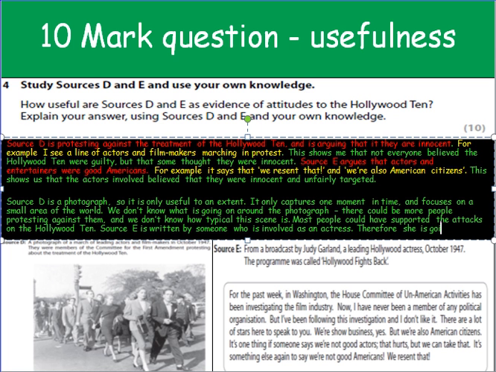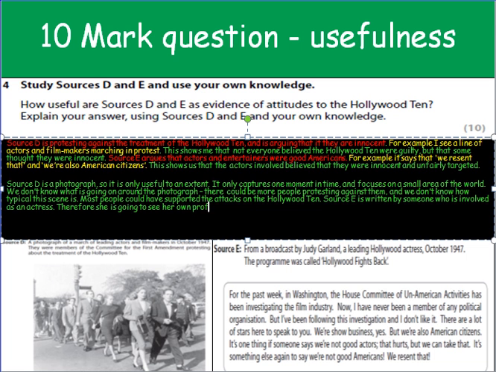Therefore, she is going to see her own profession and her own friends in a positive light. We also don't know if Judy Garland is a reliable witness or if she knew some of the people accused. If she knew some of the people being accused, then perhaps she's not being truthful.